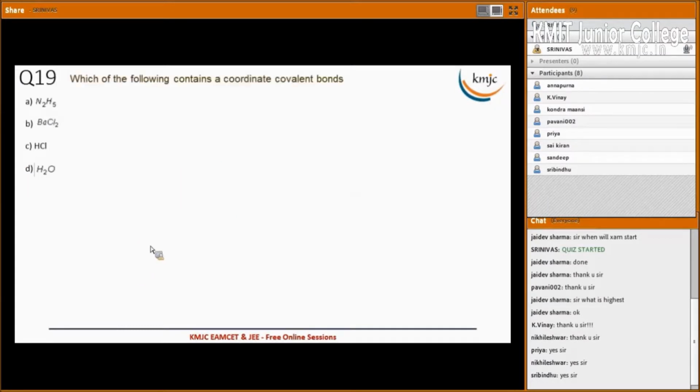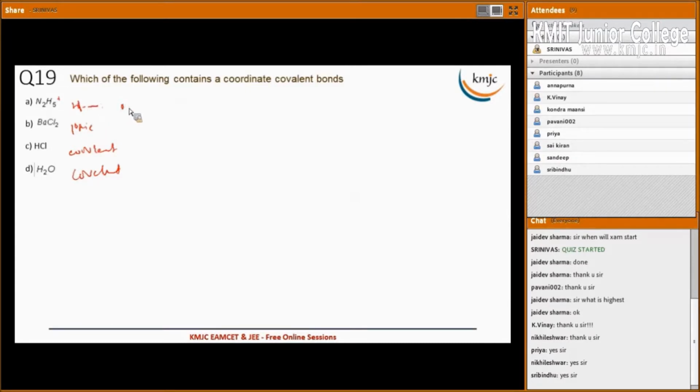Next question. Which of the following contains a coordinate covalent bond? Okay, so go with BaCl2. It is an ionic bond. HCl is a covalent bond. H2O is also a covalent bond. In the case of N2H5 plus, it comes to be a coordinate bond.